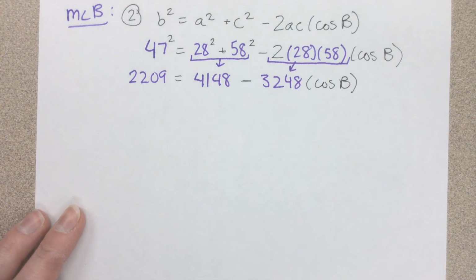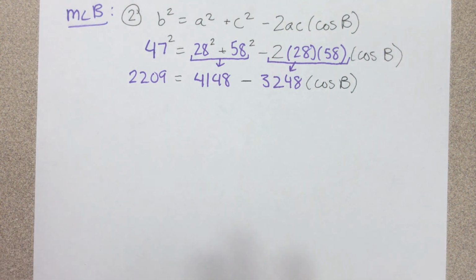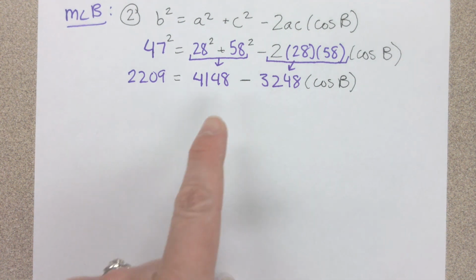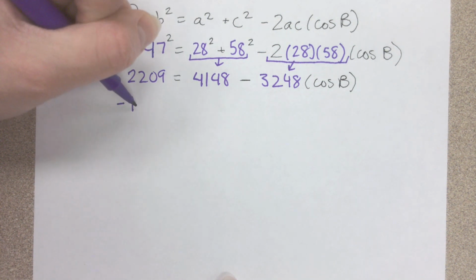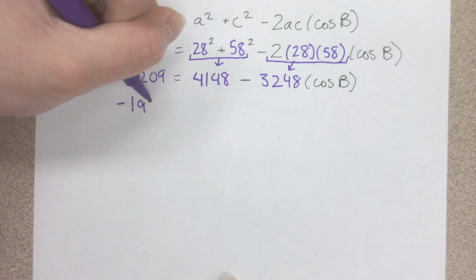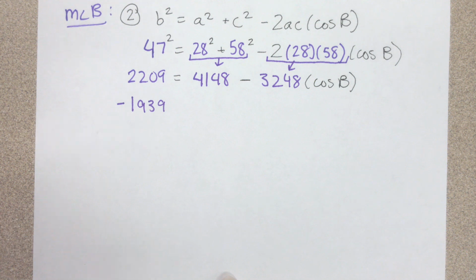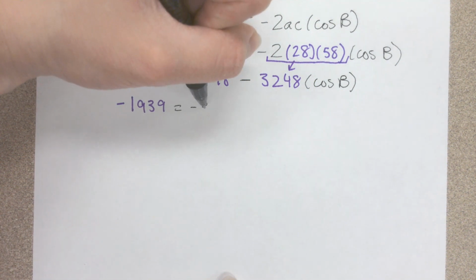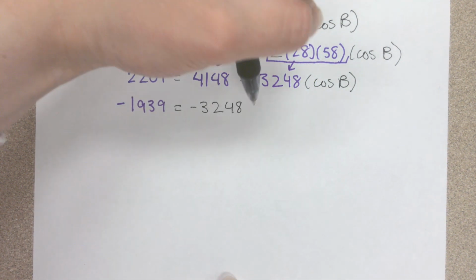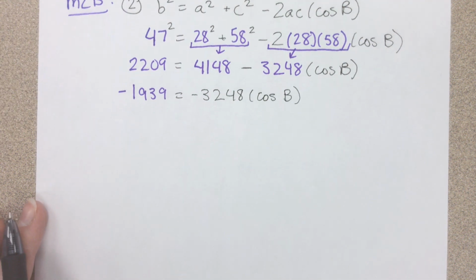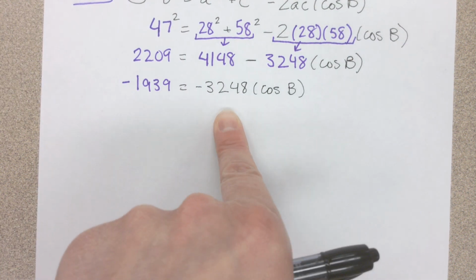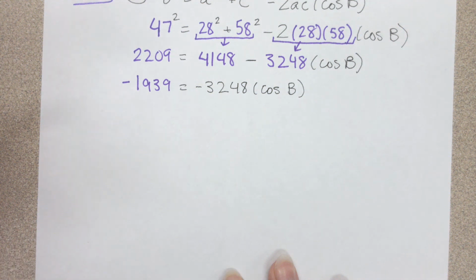And from there, we solve for cosine of B. First, I'll move the 4148 to the left side by subtraction. That's going to leave me with negative 1939 equals negative 3248 cosine of B. Divide by the negative 3248 on both sides.